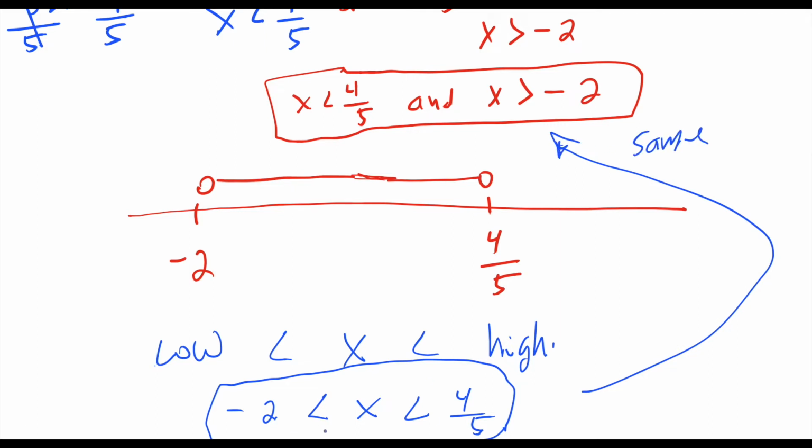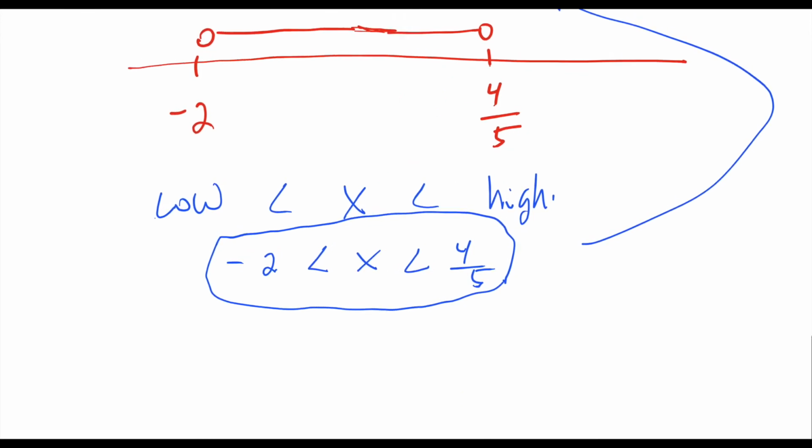It's a weird notation, but if you read it this way, x is greater than negative 2, and then x is less than 4/5. Okay, that's one. Let's do a few more.